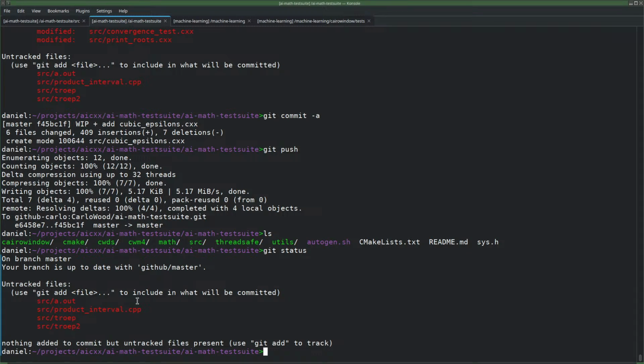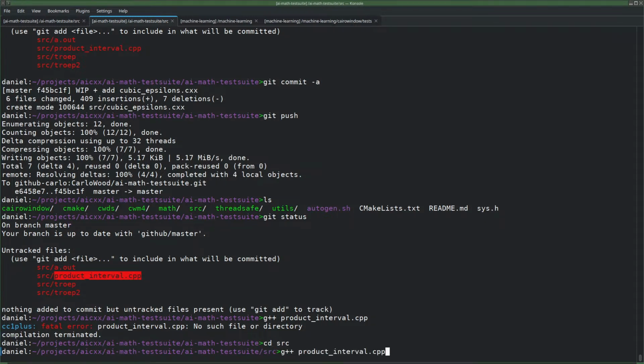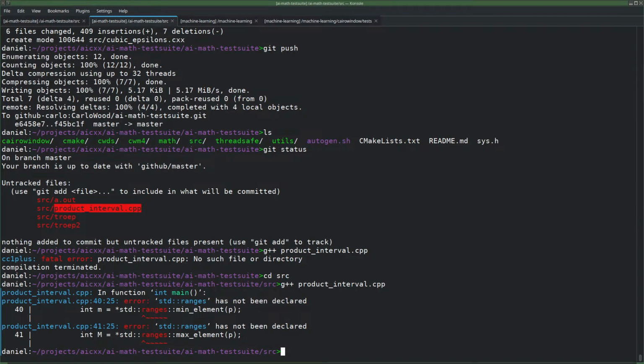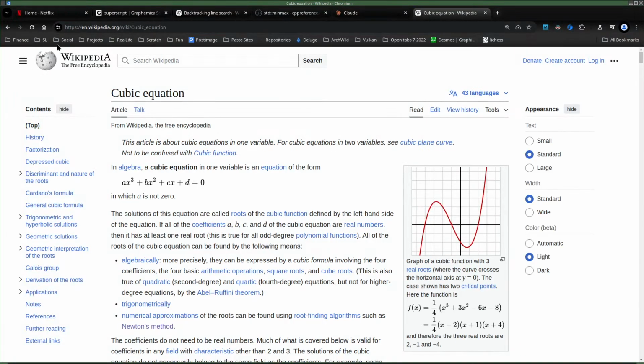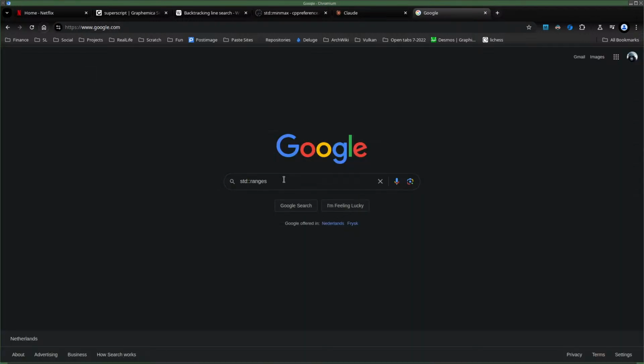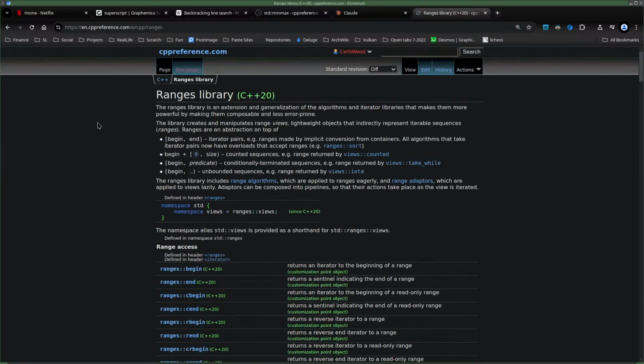The product interval was something insane. I don't think I worked on that off stream actually. And source. Really? Standard range is missing. I mean, I did compile that, didn't I? That's probably just ranges. Why am I even clicking on this? It's ranges.